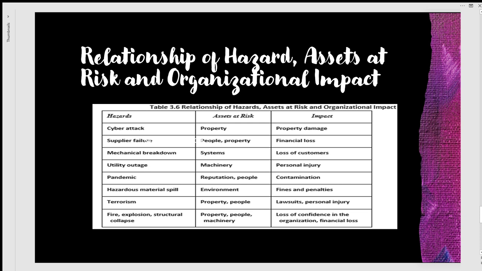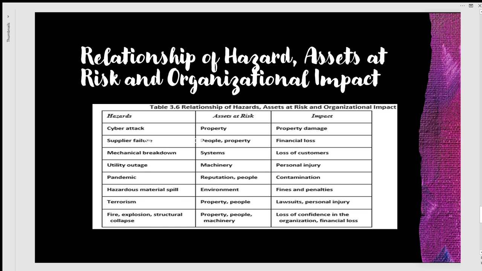Mechanical breakdown. Pag may nangyaring ganyan, ang asset at risk natin is the system. And then the impact naman nun sa atin is the loss of customers. Another hazard is utility outage. Ang asset at risk dito is yung machineries. And then, pag biglaang nagkaroon ng ganyan na outage, usually, ikaw or employee mo yung magkakaroon ng injury, ganun.